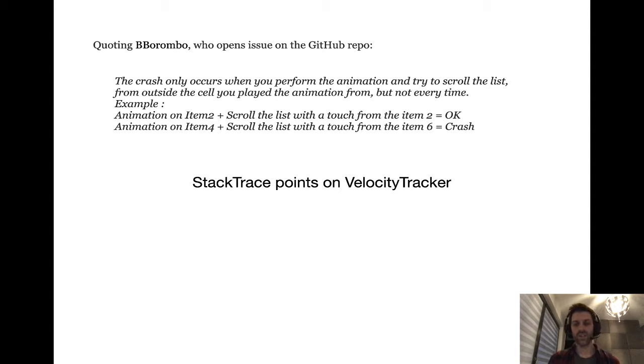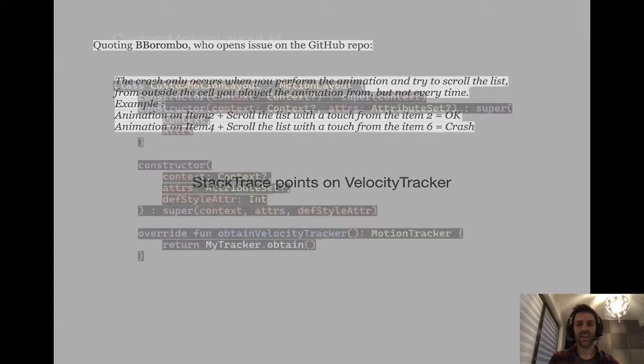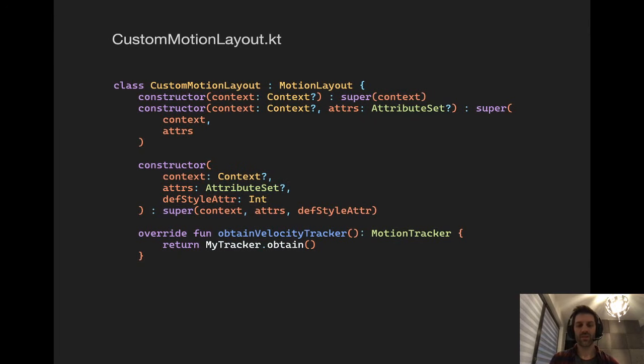After searching the internet for a few hours, maybe days, I found a solution. So I made my custom motion layout that extends from MotionLayout, and I override the method obtain velocity tracker, which gives me motion tracker, and I can return my tracker.